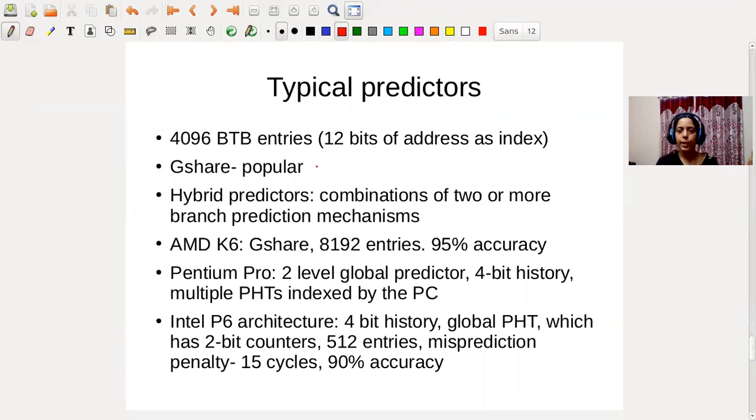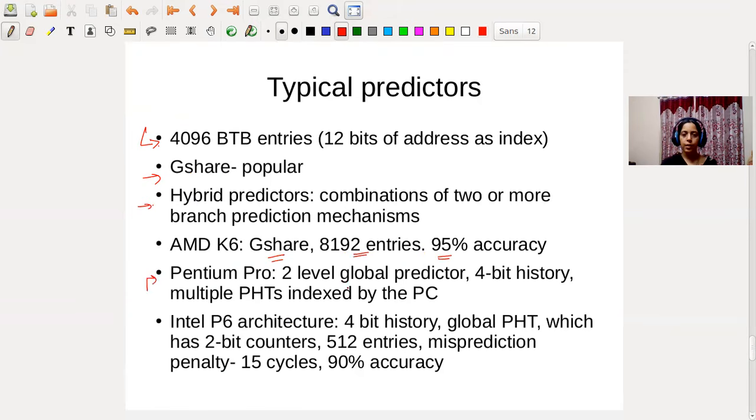So what are the typical predictors used these days, and what is the number of entries in the BTB? Typically 4096 entries are used in the branch target buffer. G-share is a popular predictor, and hybrid predictor or the tournament is also usually used. AMD uses G-share with 8192 BTB entries and it's reported 95% accuracy.